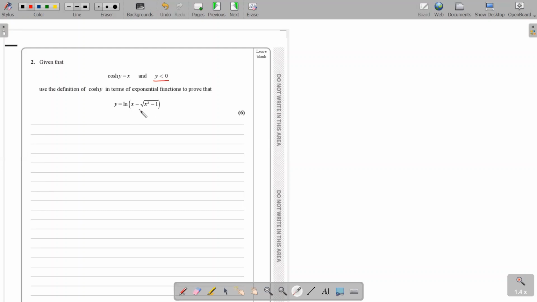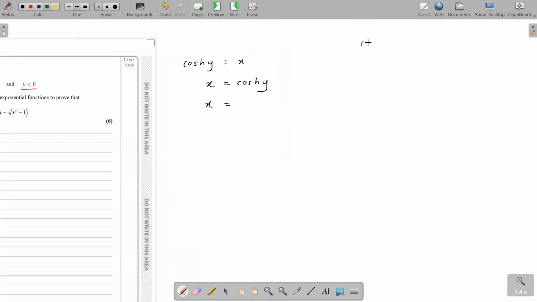The first thing is they ask you to use the definition of cos y in terms of exponential functions. Okay. How do we write the exponential function? So cos y is equal to x. Let me write again, x is cos y. What is the definition of cos x?